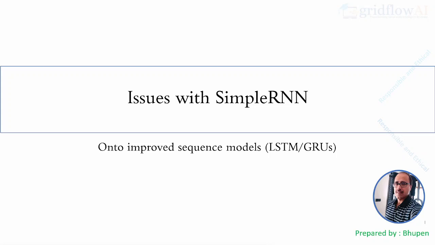So these architectures actually address some of the limitations with the traditional recurrent neural nets, for example, vanishing gradient problem and long-range dependency issues. So I'll be creating a new video series on LSTM and GRUs.